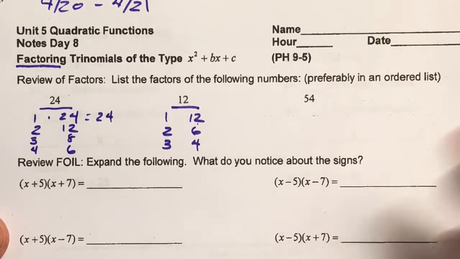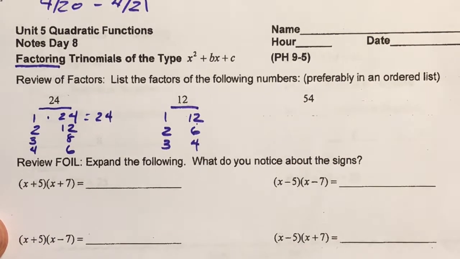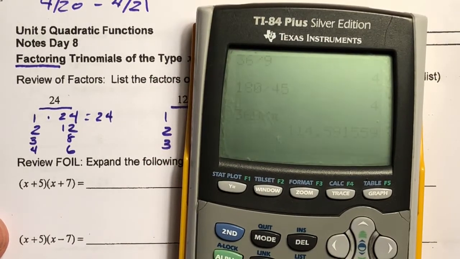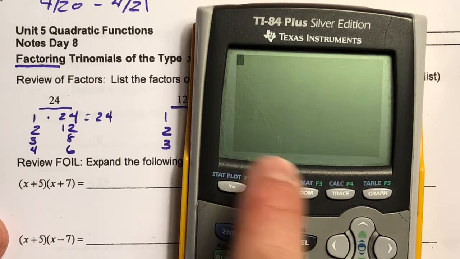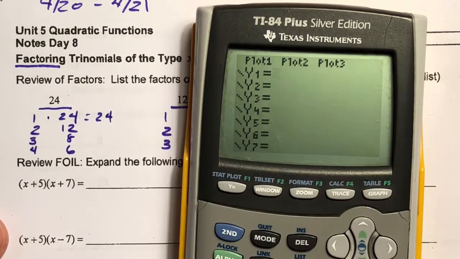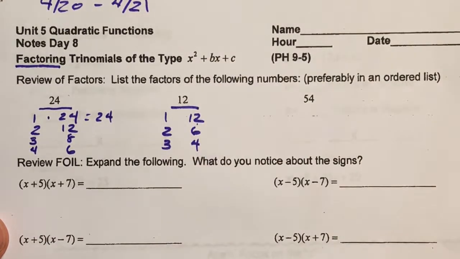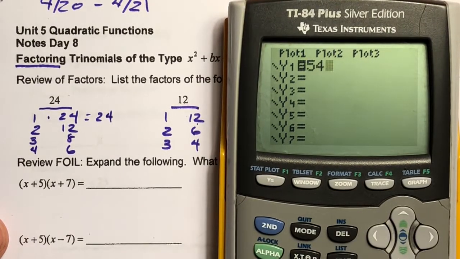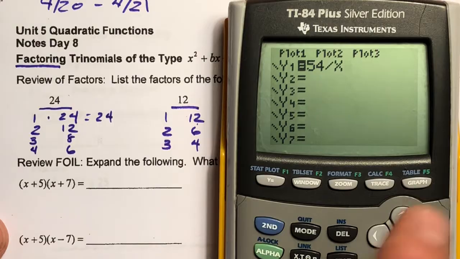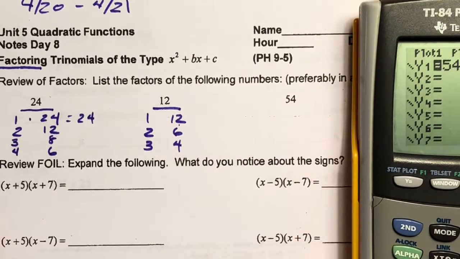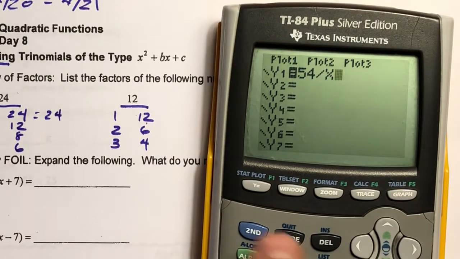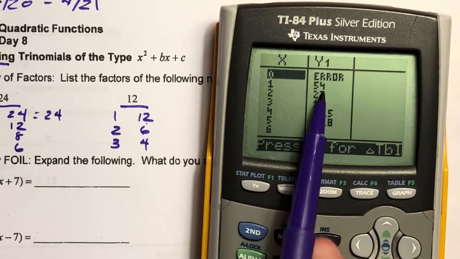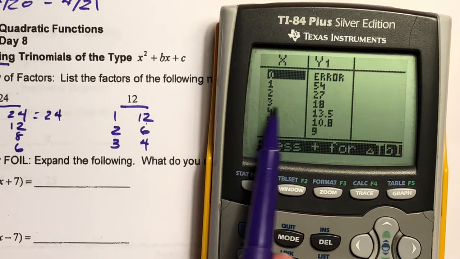All right, let me show you another easy way to find the factors using your calculator. This is super simple. If you have a graphing calculator, go to the y equals. See if I can remember how to do this. You go 54 divided by x. Whatever that number is, this is 54, you're going to divide that by x. Now if I go to the table, look, you've got 1 and 54, 2 and 27, 3 and 18.